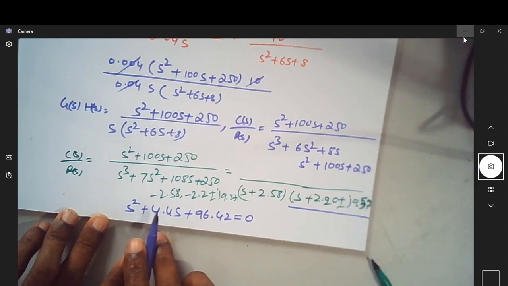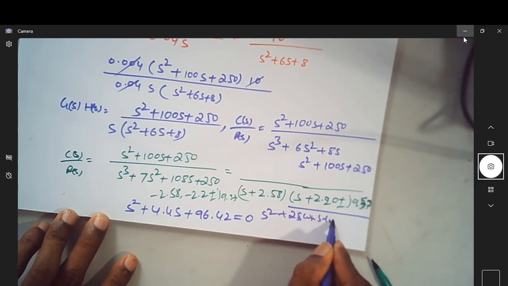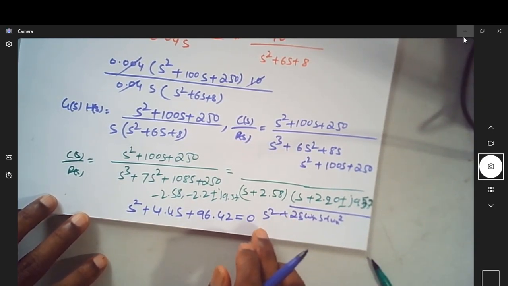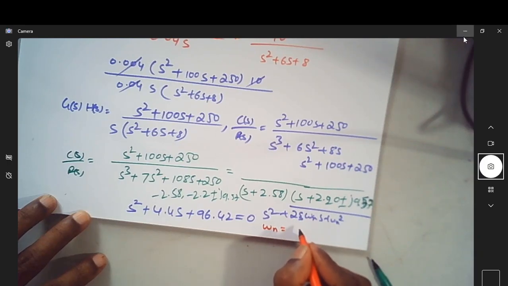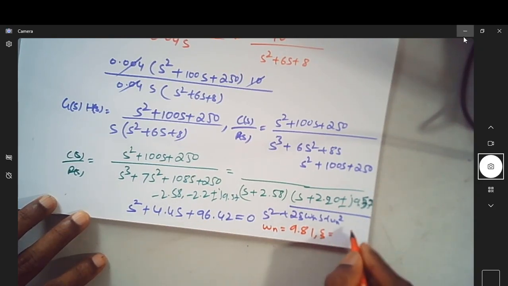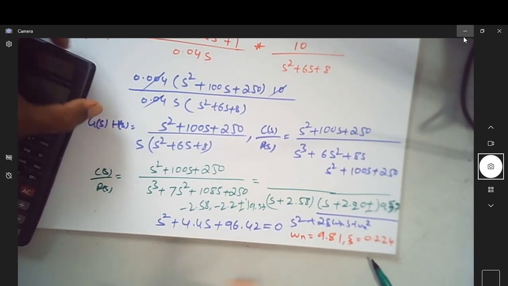If you equate this with s square plus 2 zeta omega n s plus omega n square, we will end up with omega n of 9.81. It is the square root of this, and zeta happens to be 0.224. So let us try to find out what is Ts and Mp.